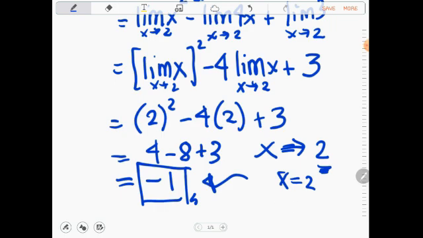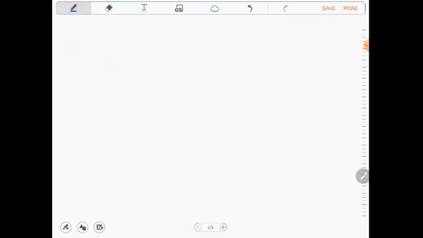Pero kung nag-try ka ng value of x na malapit sa 2, like for instance, meron tayong 1.99 or kaya naman ay 2.01 or 2.1, ang lalabas na value ay mas malapit din dito. Nearest siya sa negative 1. Okay? For number 2 or 2b.